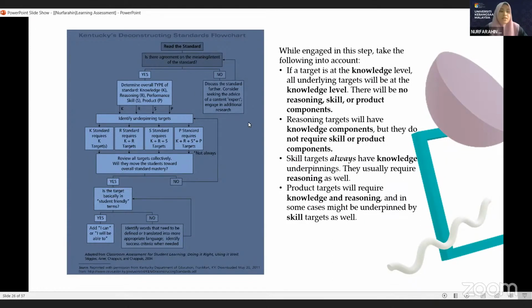And once you set the target, you need to know whether the students can move towards mastering all the targets. If your students have the abilities, have the capacity to achieve the targets that you have set, that will be very good.